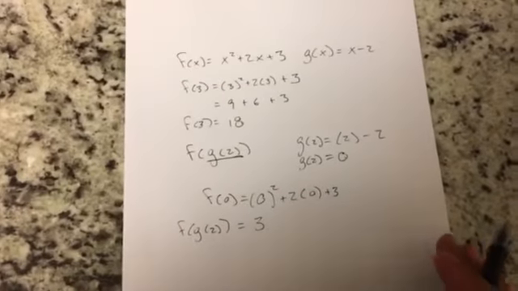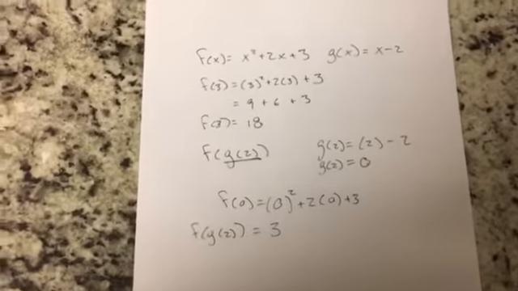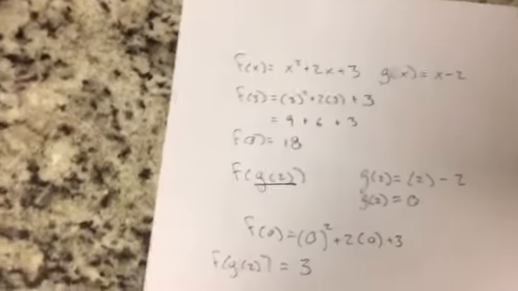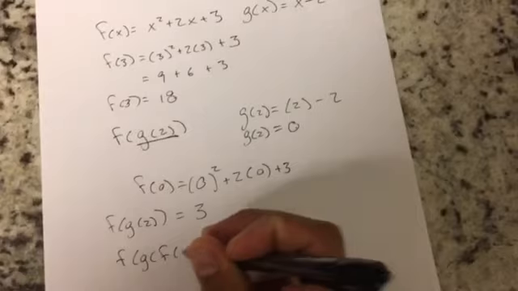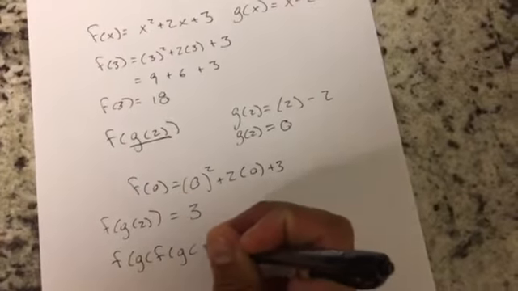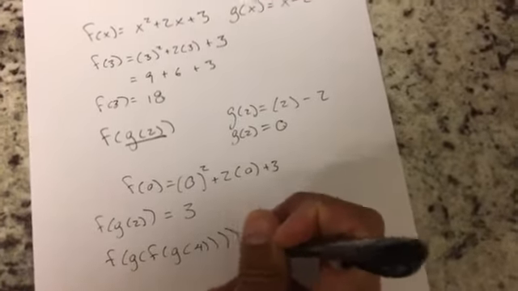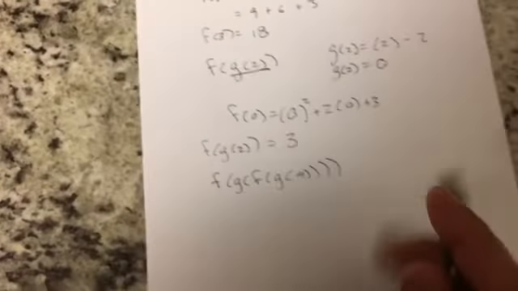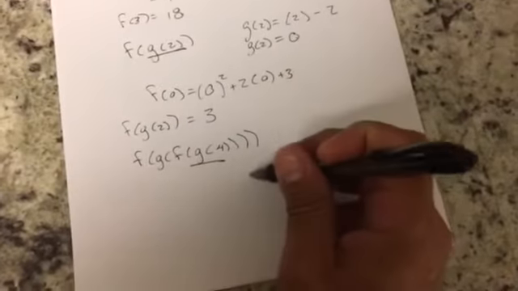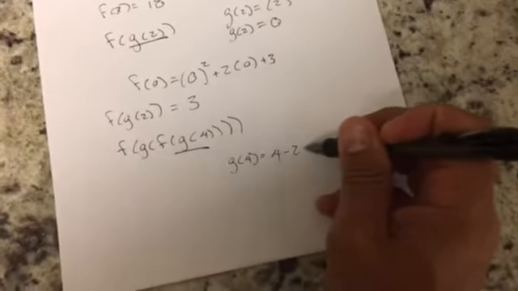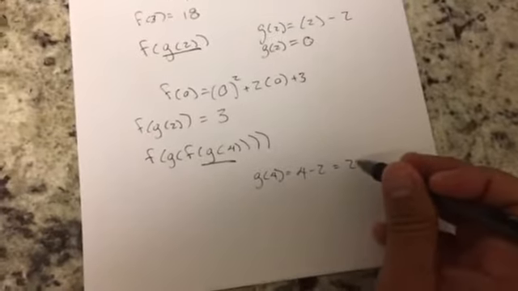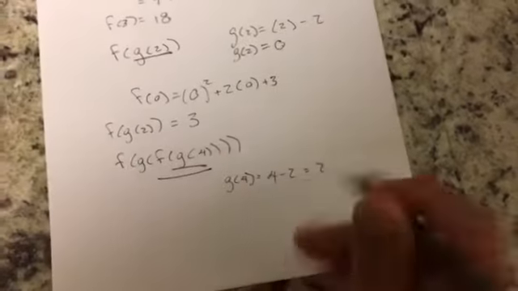We'll get into some tricky ones where we do like 3 or 4 of them, meaning essentially that I have f of g of f of g of 4. So again, I start on the inside. I find g of 4. G of 4 equals 2. I plug that into f.